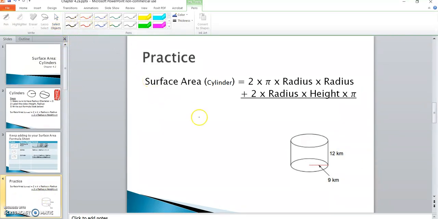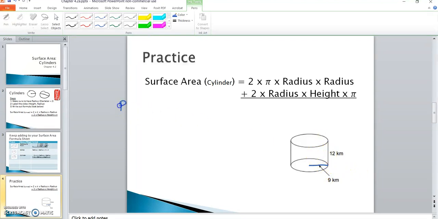Alright, so the very first step that we do for our cylinder is we make sure that we have the radius. So you'll notice that our line here goes from the center to the outside. So this is our radius.